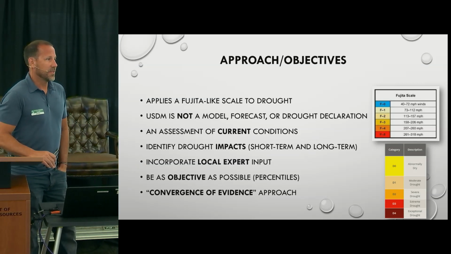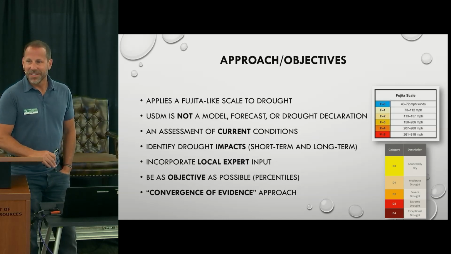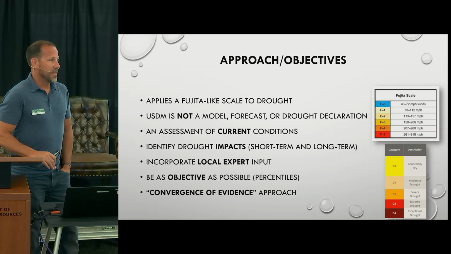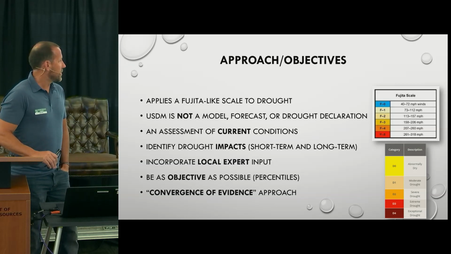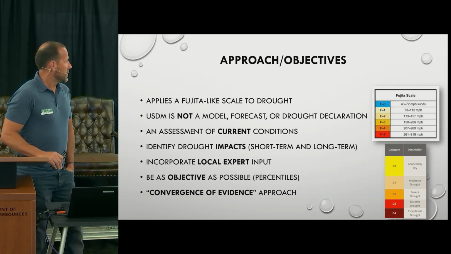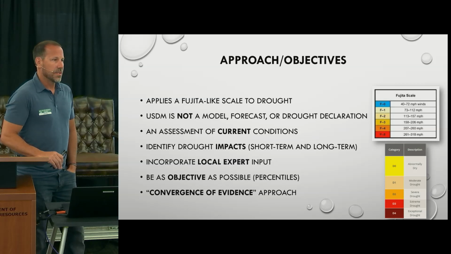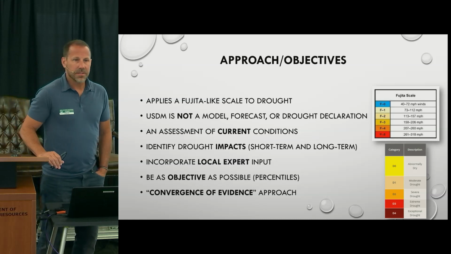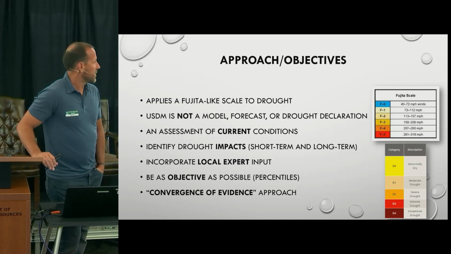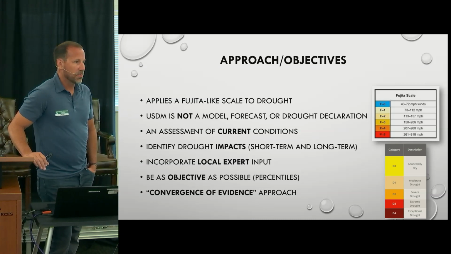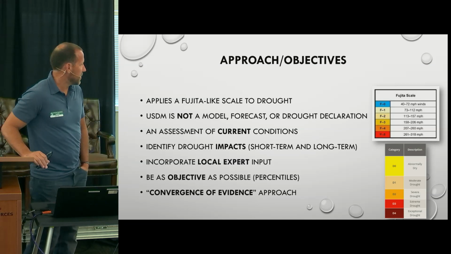We have very little input from the state currently, and we've been having discussions about this for a while. I think it would serve to have a more accurate depiction of drought within the state if we could get some more impacts information from around the state. So hopefully out of this, we'll have some more folks that are participating in the process.